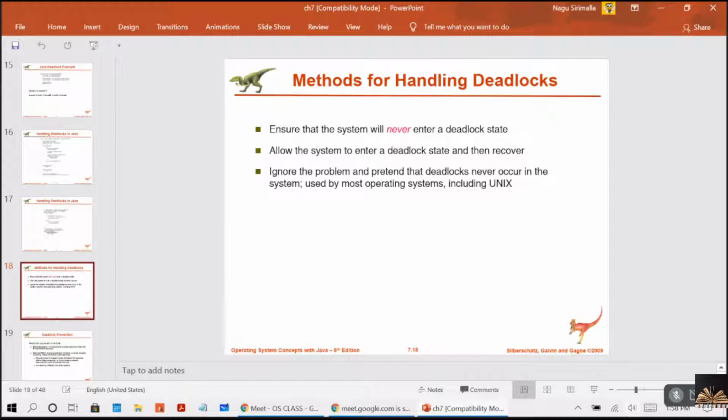Generally, your application will be restarted, and that can be taken care of by the operating system. So this is the third method. First is make sure that it will never enter. Second, if it entered, make sure your system recovers from the deadlock. Third is ignore the problem, pretend that deadlock never occurs in the system. It is mostly used in most operating systems.